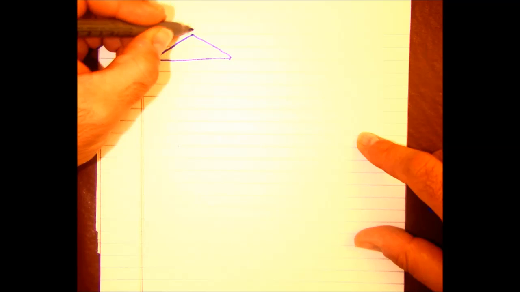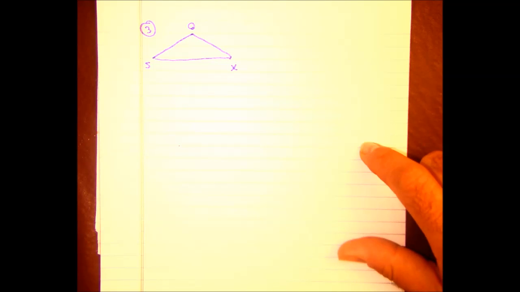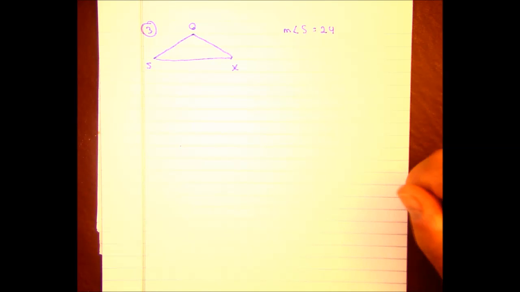But if you hadn't read the book, even though you're supposed to read the book, then you are going to be missing out on the information as well. It says that in the figure to the right, and in this case to our left, but in our figure, the measure of angle S is 24 degrees.